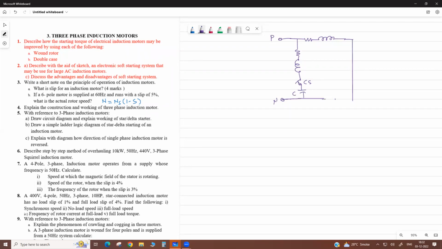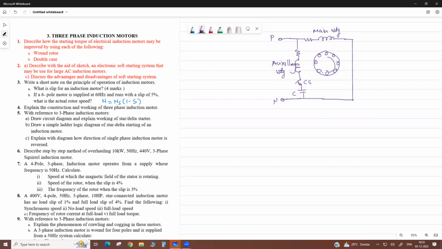This is the equivalent circuit of your motor. Now this is your squirrel cage rotor. Here the difference is that the stator has actually 2 windings. One is the main winding, and this is the auxiliary winding.